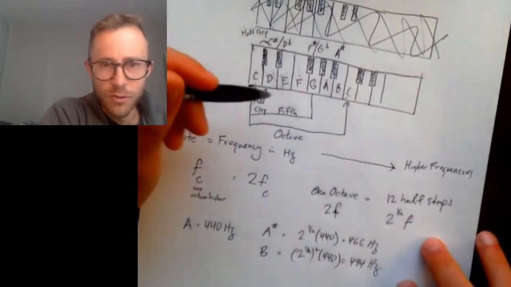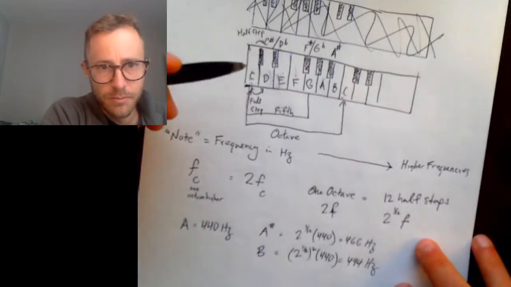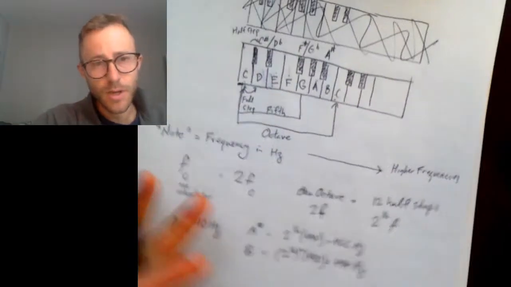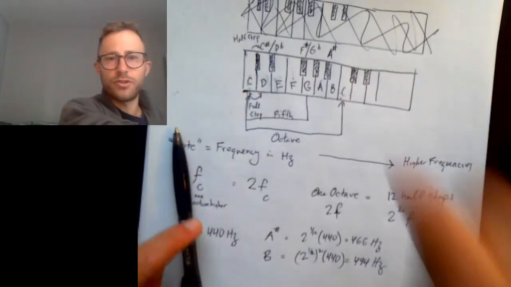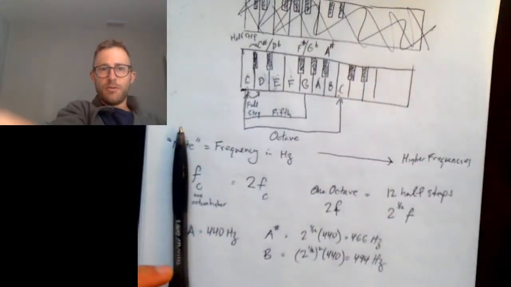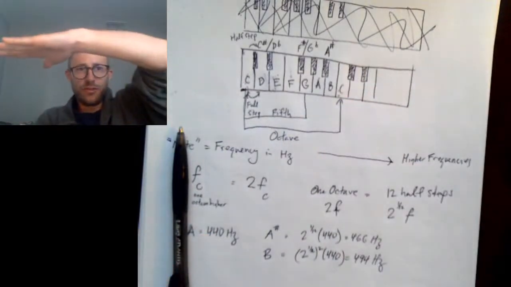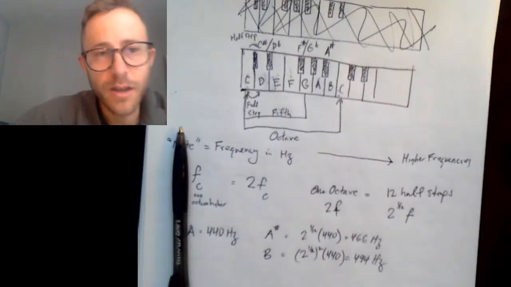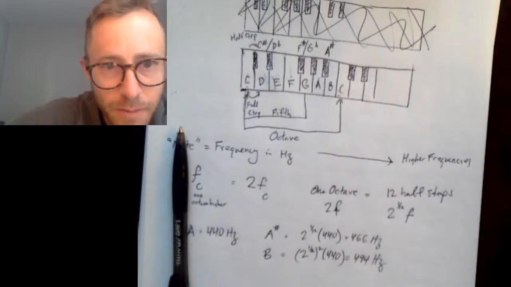If you've ever looked at the inside of a grand piano, it has strings. When you push the key on the piano, it brings up a hammer from underneath the string. The hammer comes up and hits the string and causes it to vibrate.